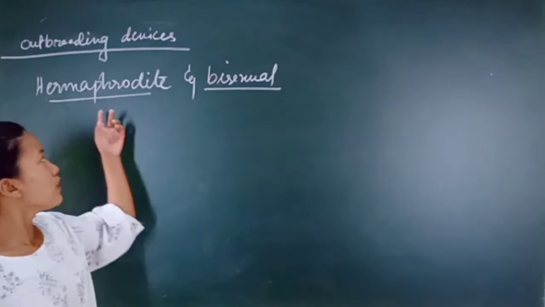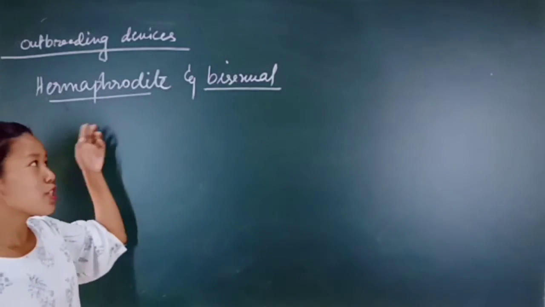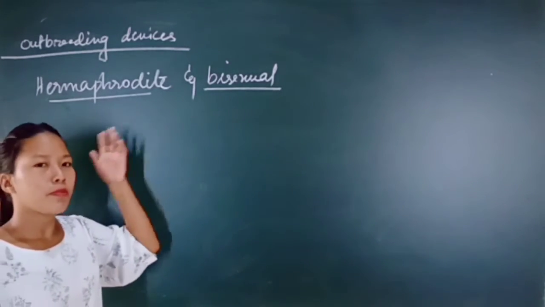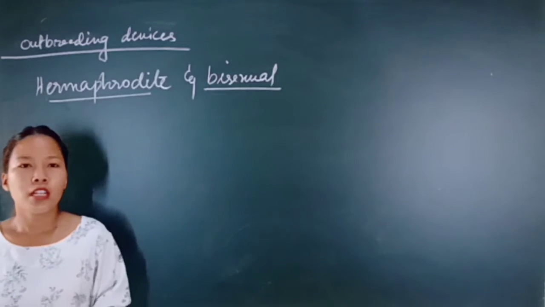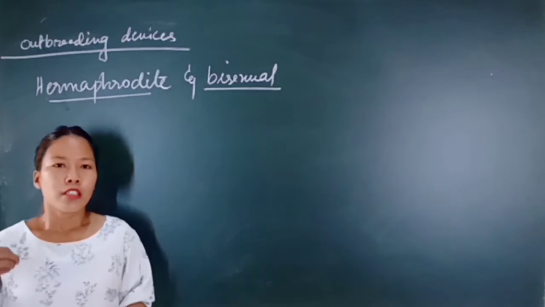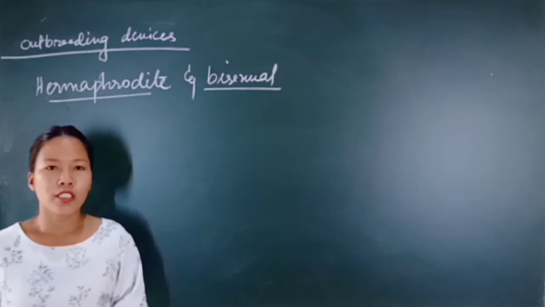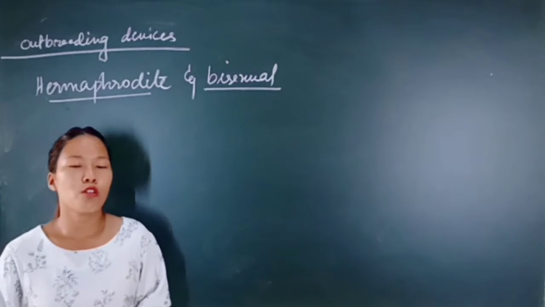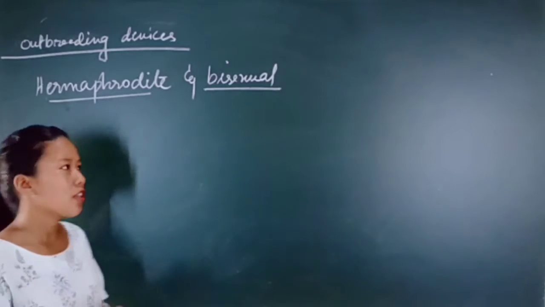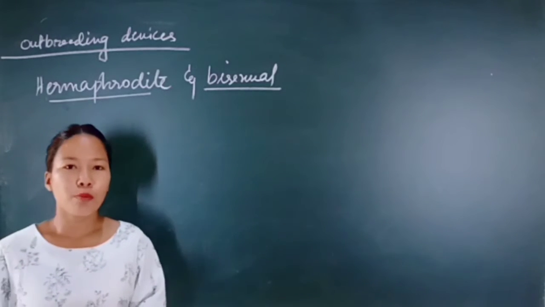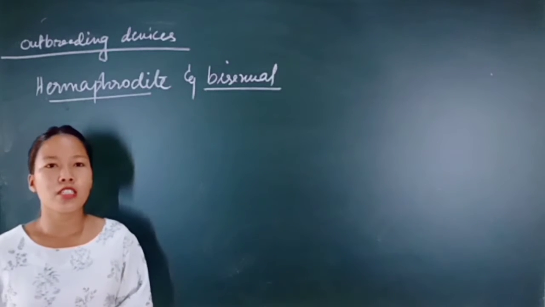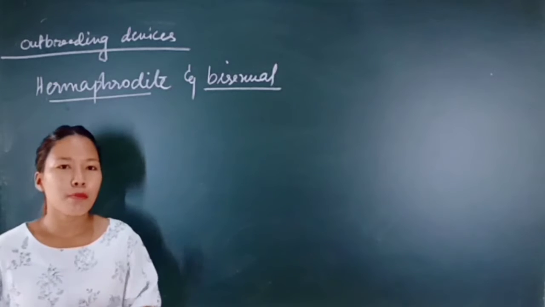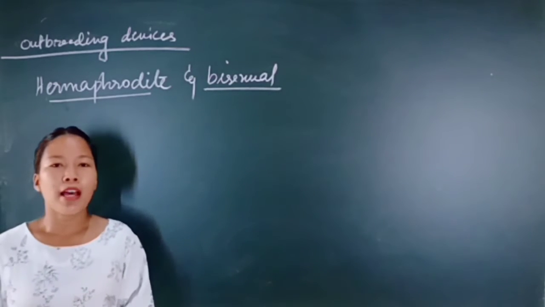These types of flowers develop some strategies or mechanisms in order to prevent self-pollination. I have told you that continuous self-pollination causes inbreeding depression. That means it makes the plant weaker.